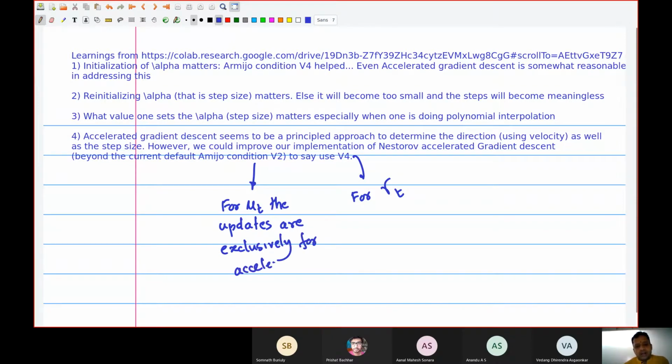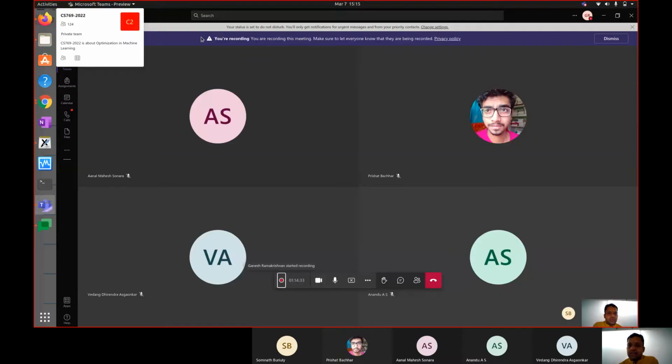You don't have an equivalent of mu T for line search. Okay, is this clear? Any other point or are we done? Unless someone else has more to add, we'll probably move on. Anyone on the call?